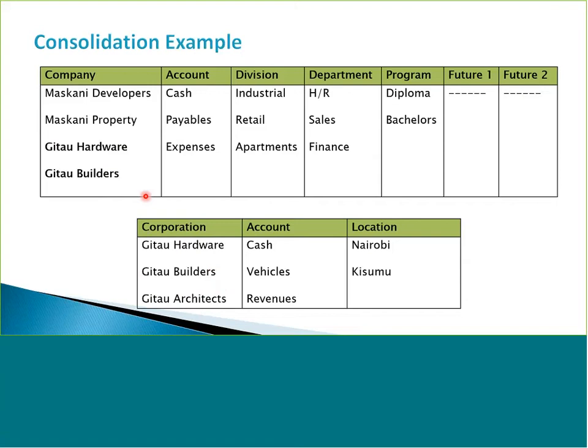We can also do a many-to-one kind of mapping for this segment. So we can say, for example, that these two are related, maybe it's the same kind of business, and we don't mind having the information together. Then we can tell Oracle that we want these two to be mapped to a single company in the parent.